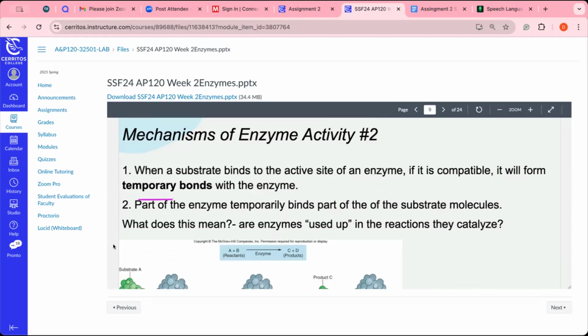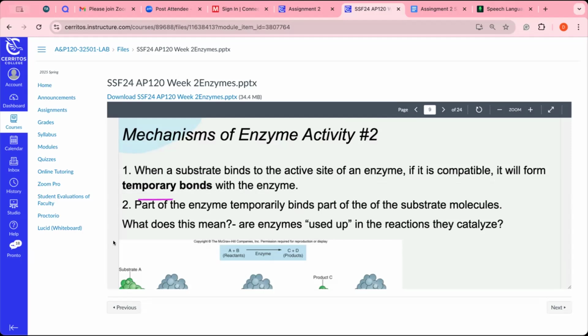What does this mean? Are enzymes used up in the reactions they catalyze? Usually enzymes are not used up. You can reuse the enzyme over and over because all they're doing is influencing the speed and the activation energy that you need for your reaction.